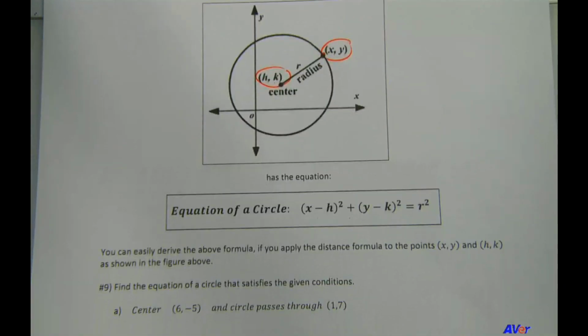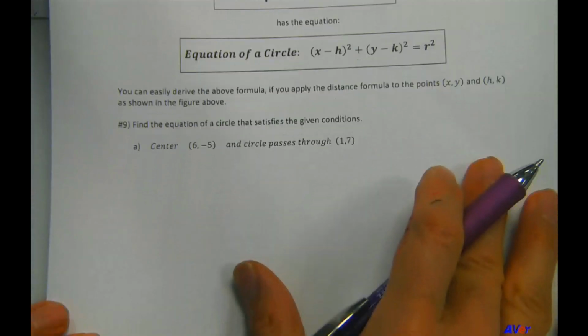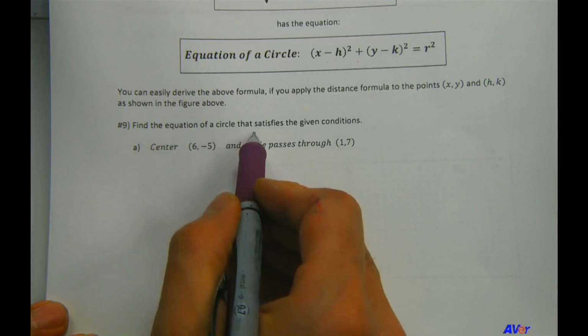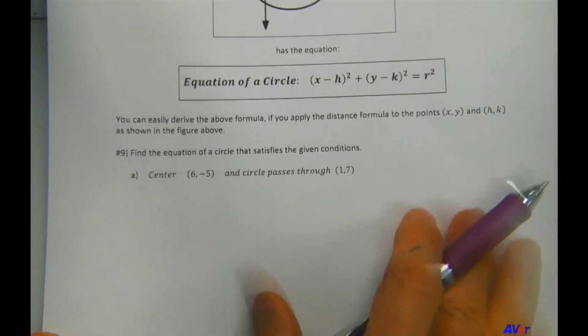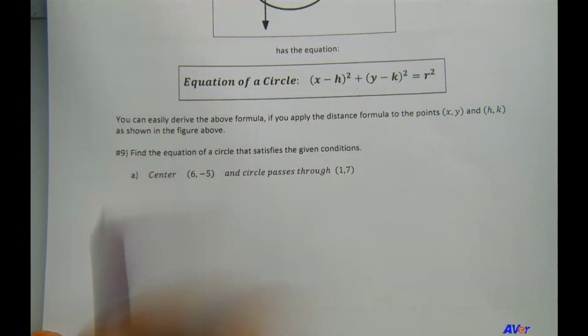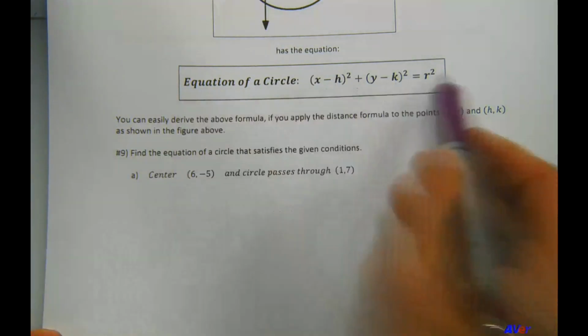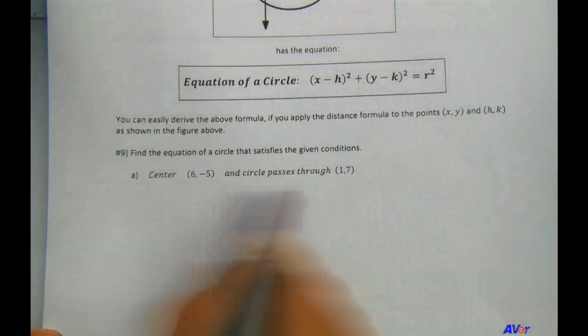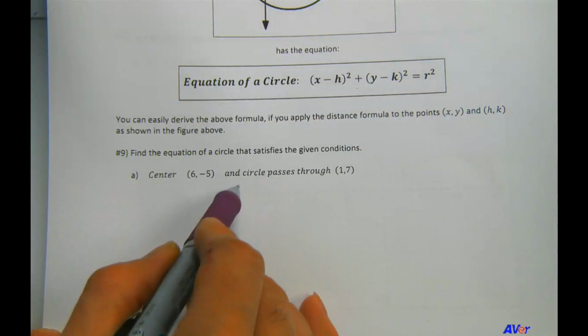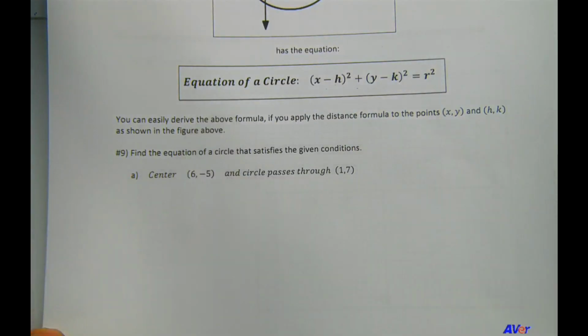Now let's go over this example. It says find the equation of a circle that satisfies the given conditions. So this is a general equation of a circle, right? That's for any circle. Now we need to find a specific example of the equation of a circle.